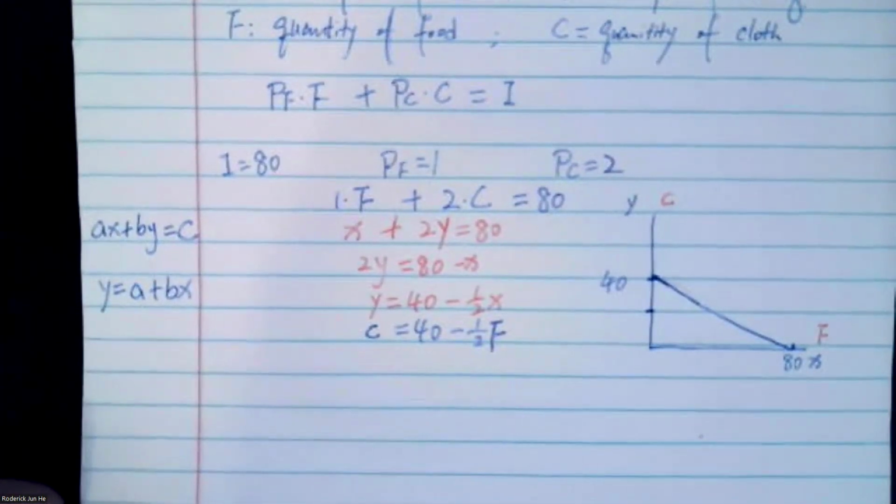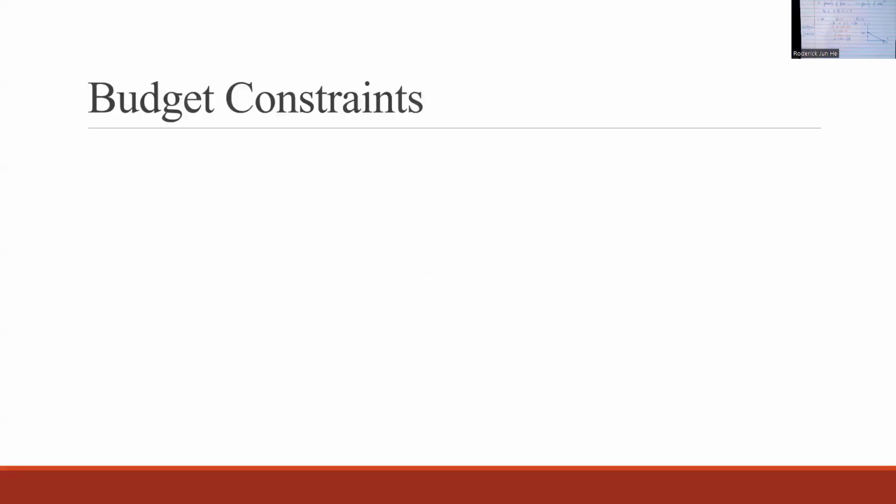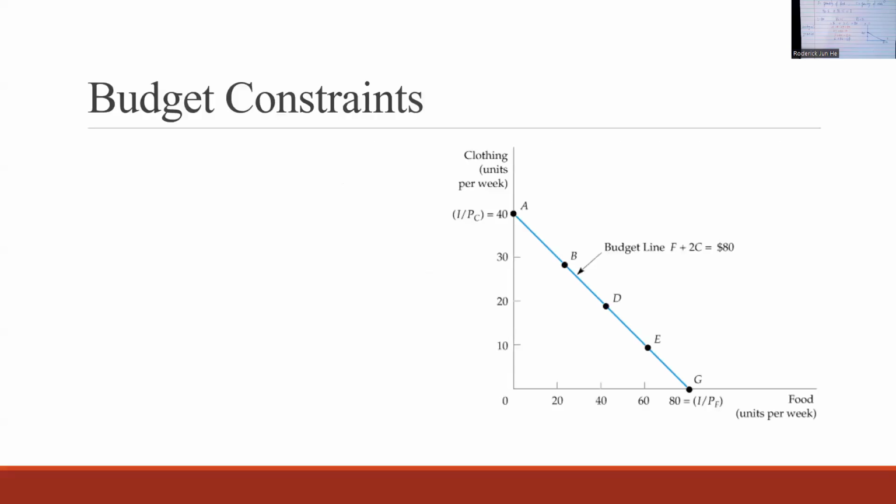Then I would like to add several things. Let's go back to the slides. The first one is, what is the meaning of points in this diagram? Let's start this discussion by looking into the meaning of A, B, C, D, E, those 5 points.